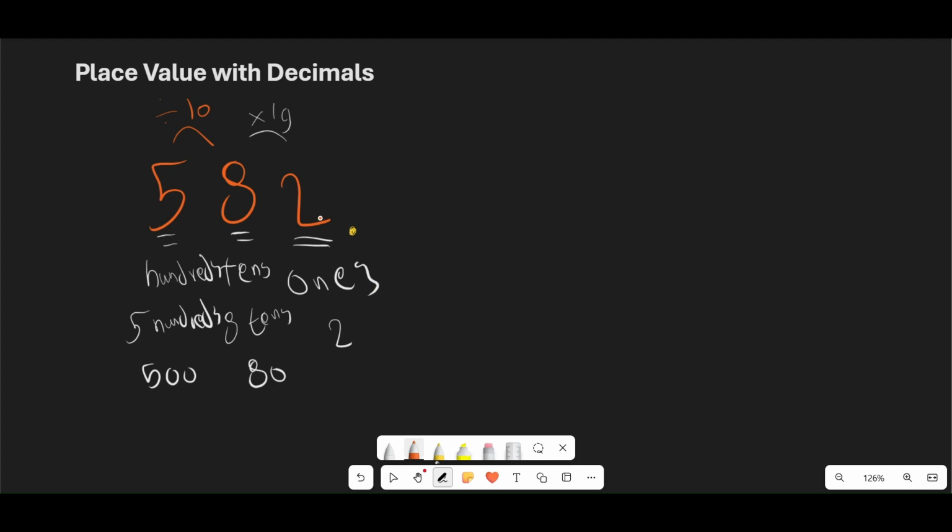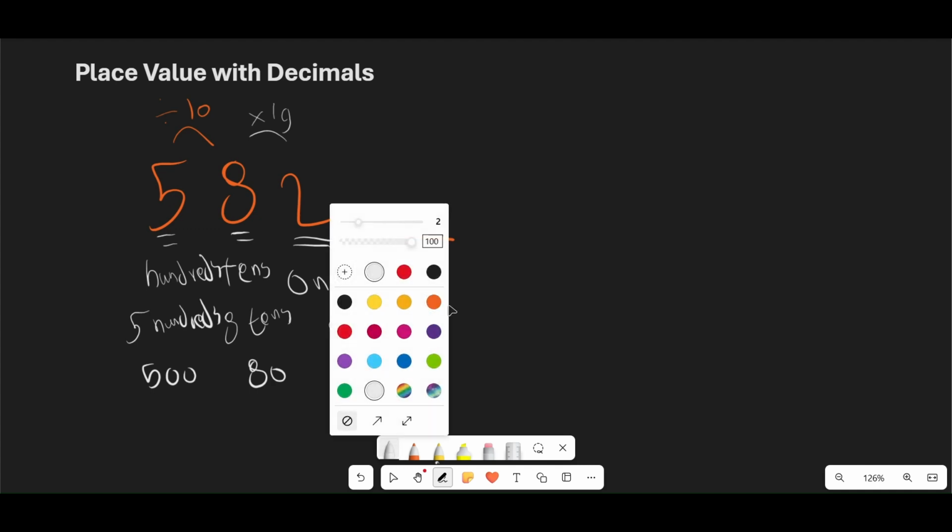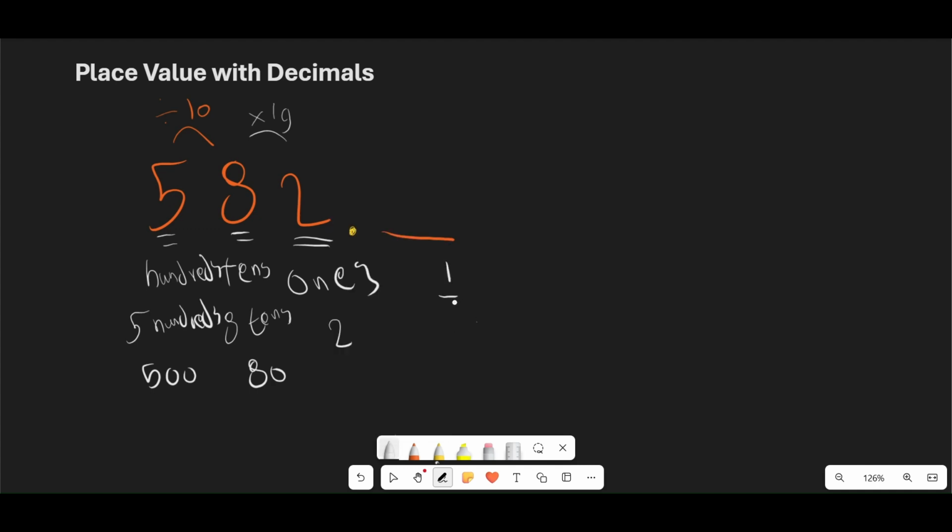So what will happen when we divide the ones by 10 to move to the next digit? Simply 1 divided by 10, or 1 over 10, is a tenth.